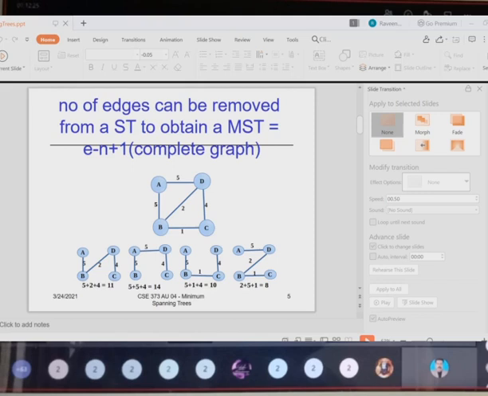Before moving to that, only for a complete graph do we have the formula E minus n plus 1. But in the case of a normal graph, the tree has V minus 1 edges.